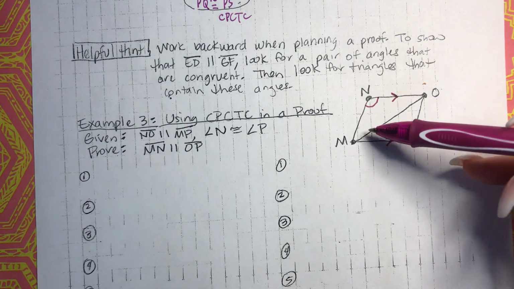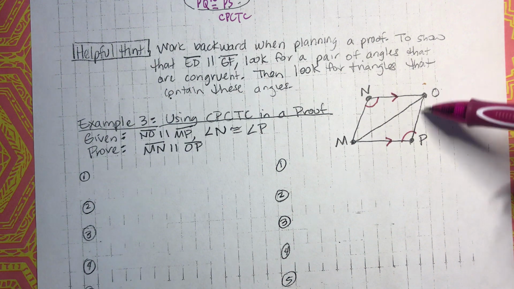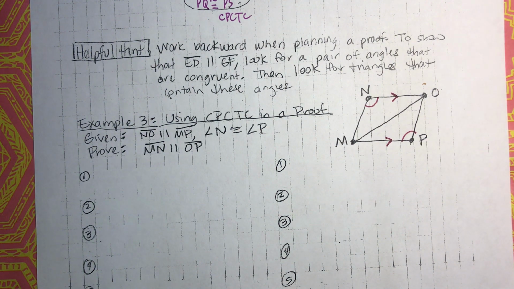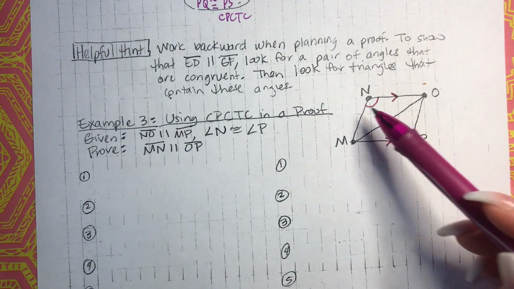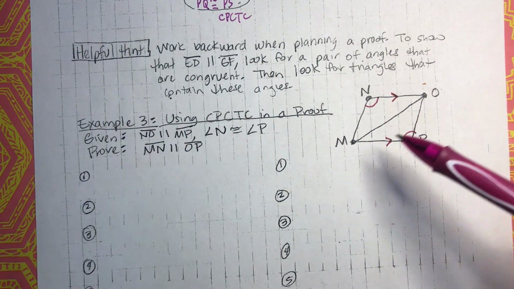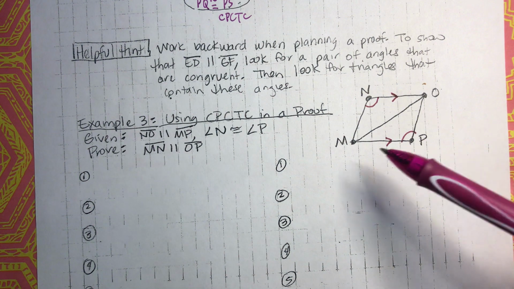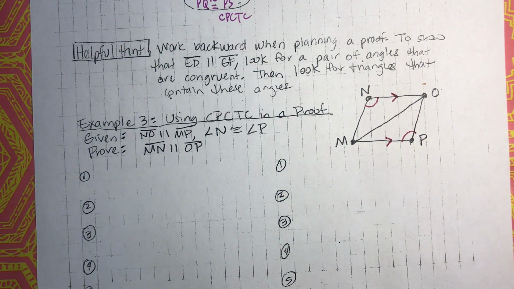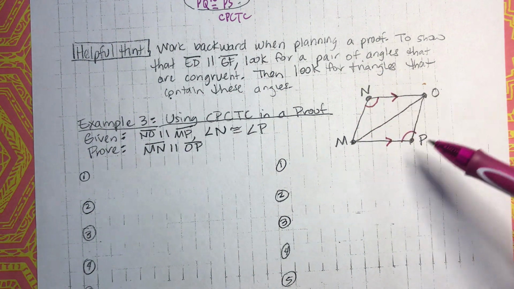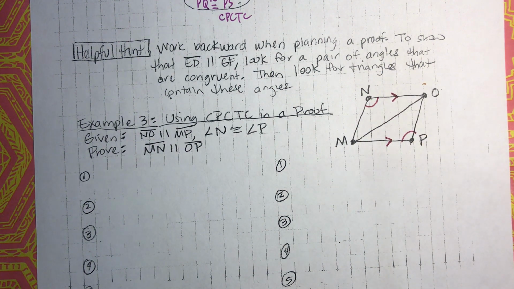Now, how would we prove that? Well, probably by using a transversal and having two angles and finding that those angles are congruent. If those two angles are congruent, like alternate interior angles, then you could say that those two lines are parallel by the converse of the alternate interior angles theorem. That could be a direction.